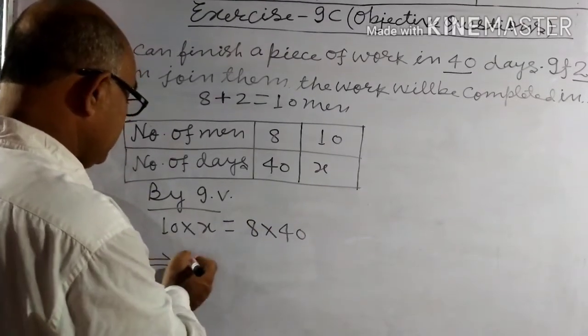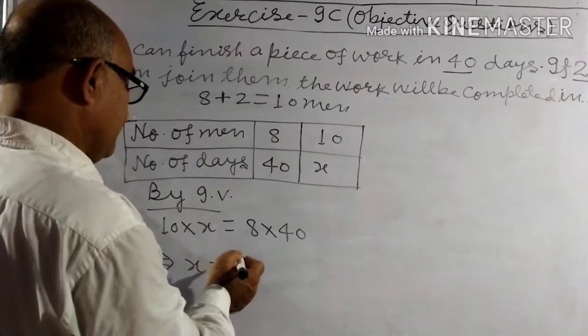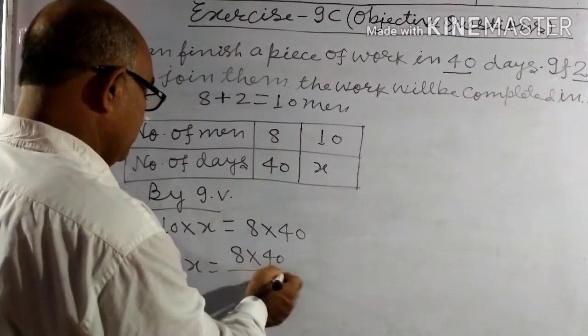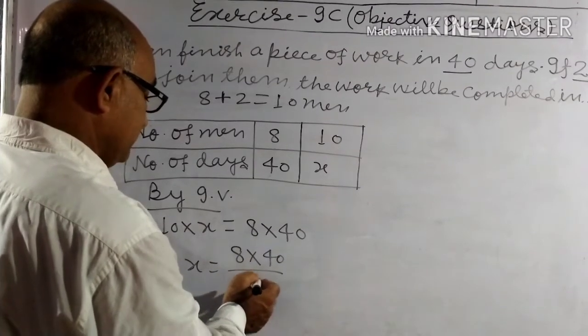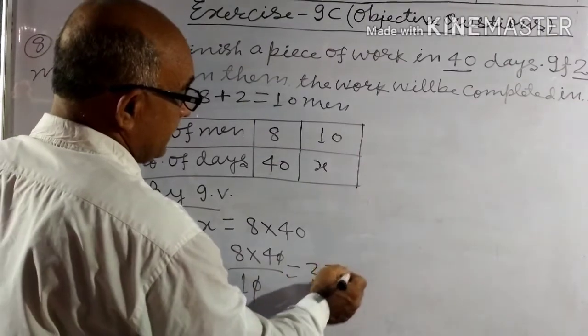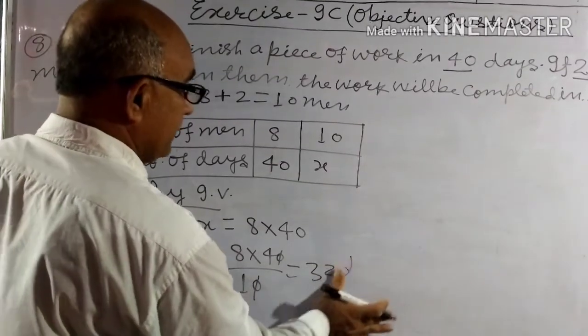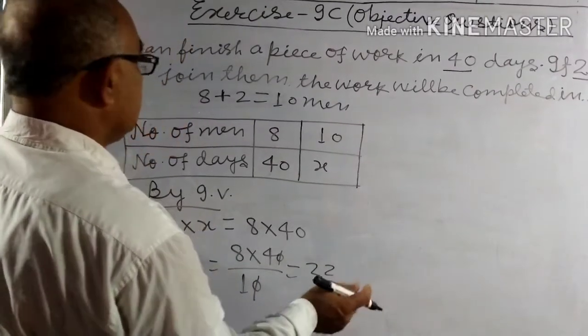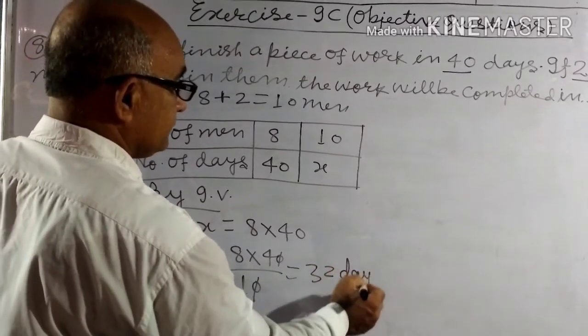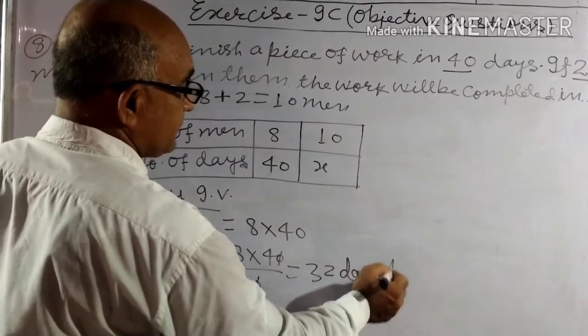That implies x equal to 8 into 40 by 10. Zero and zero cancel. 8 fours are 32 days. 32 days is the answer.